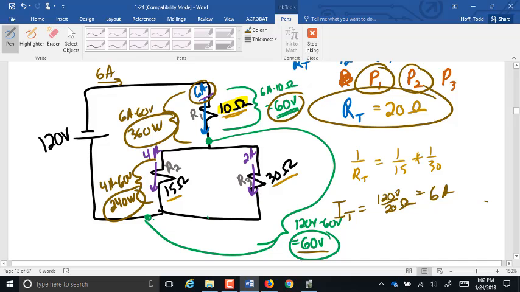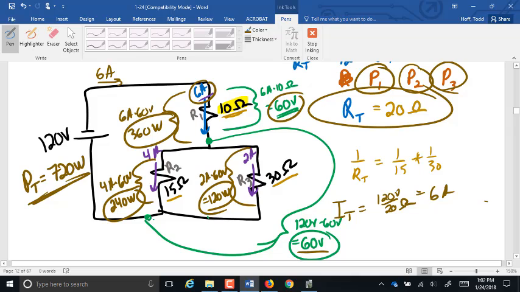That's P2. And then here, that's 2 amps times 60 volts, 120 watts. That's P3. Add those all up. My total power better be 720 watts.